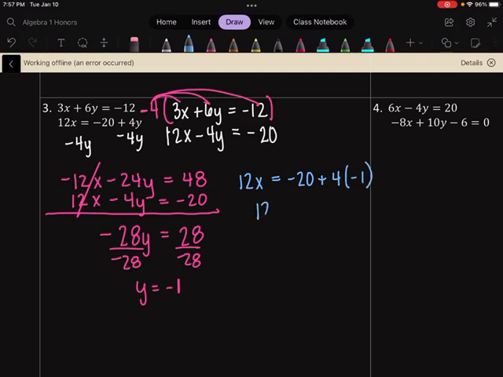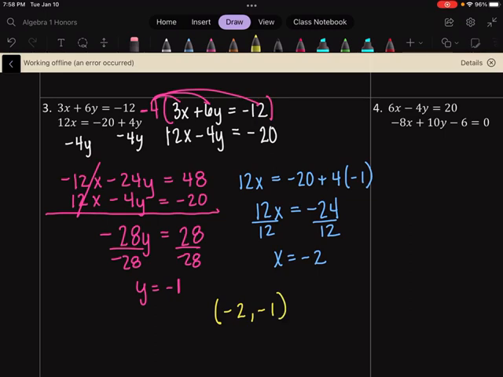So that's 12x is equal to negative 20 minus 4, so negative 24. And then I divide out the 12. So x is equal to negative 2.